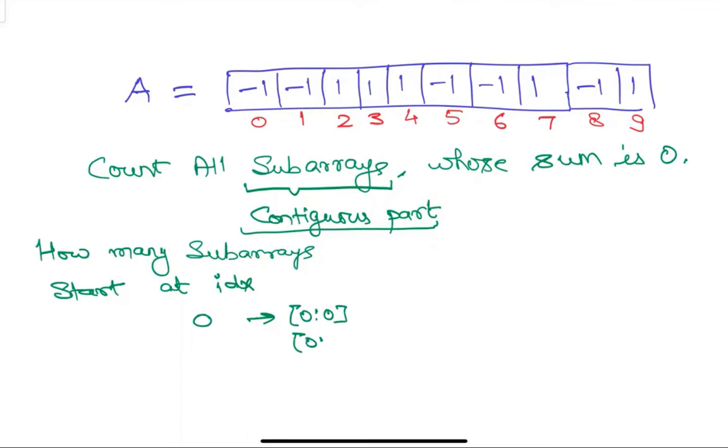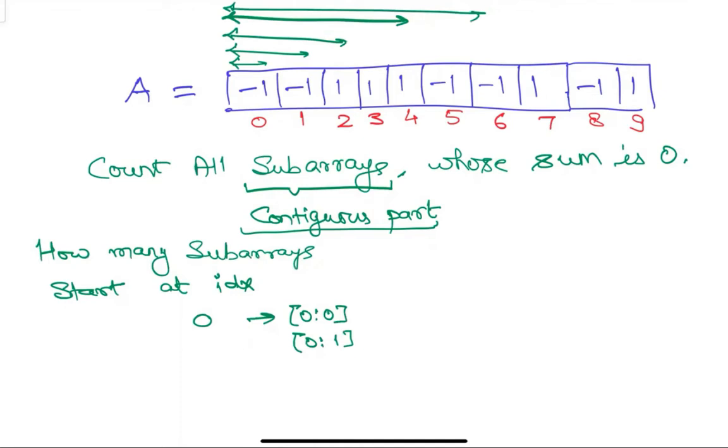Second is starting at 0, ending at 1. So it is this subarray, then this subarray, then this subarray, and so on, all the way up to 0 to 9. Now, starting from just 0, tell me which subarrays have sum 0.